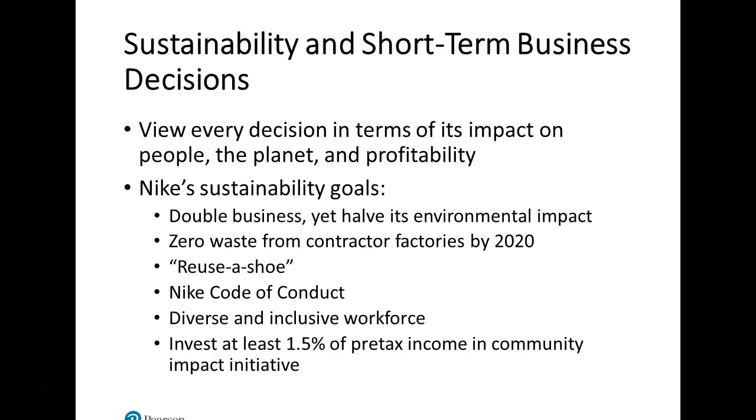So, everyday decisions in terms of impacts on people, planet, and profitability. Again, we are definitely considering all of those because they're very, very important and they're absolutely relevant. Everything that the organization does is going to have an impact on its people, whether it be employees, stockholders, or in fact, the customers. And obviously, we don't ever want to be involved in any activity that's going to destroy our planet.